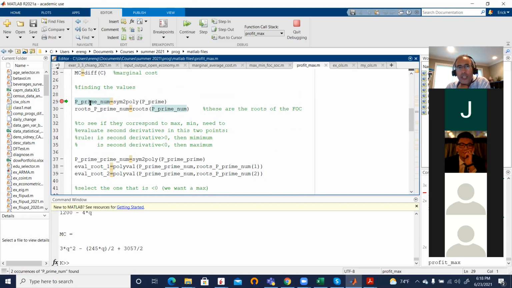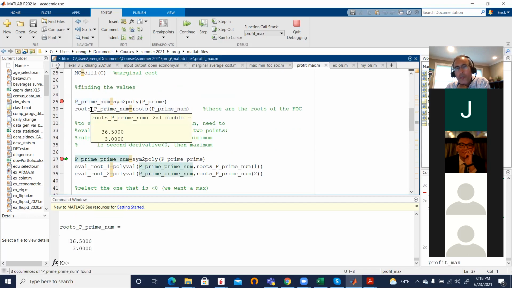What I will do is transform this into a numeric. So that's why I do the symbol to polynomial of P prime. And then I simply compute the roots. Take a look. So the roots of P prime are these ones here. 36, what's that?